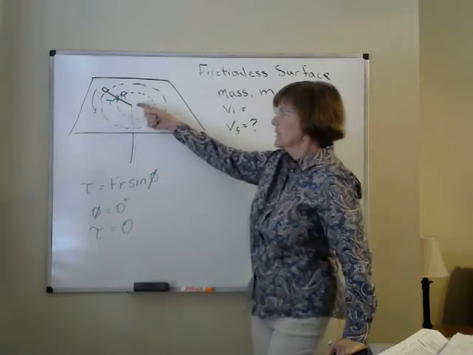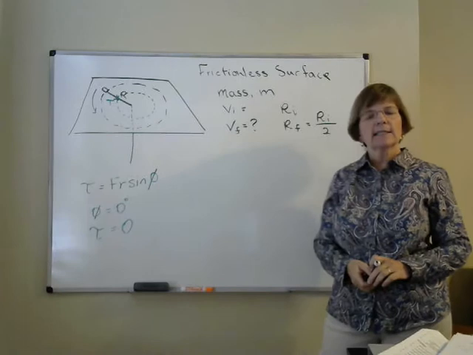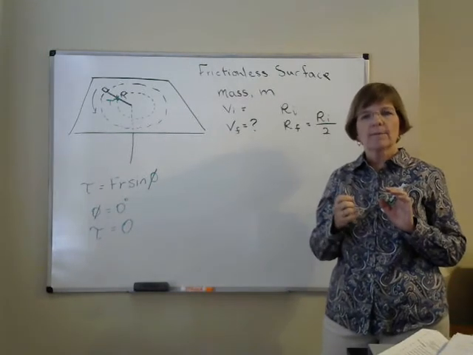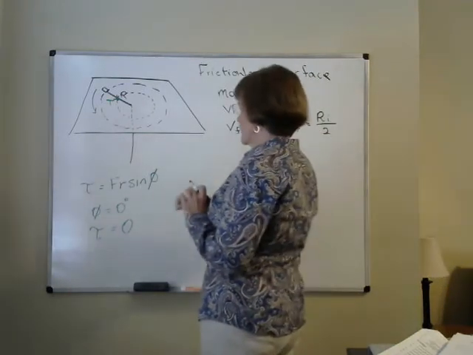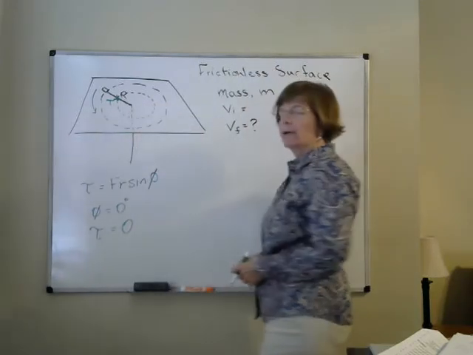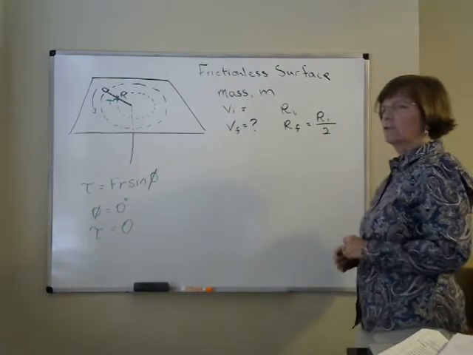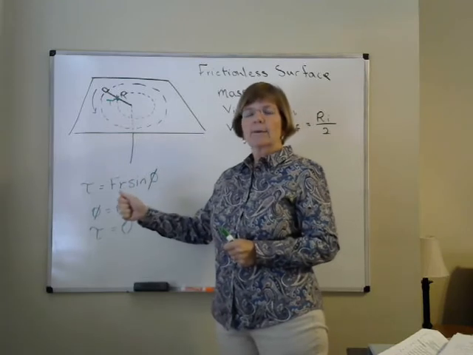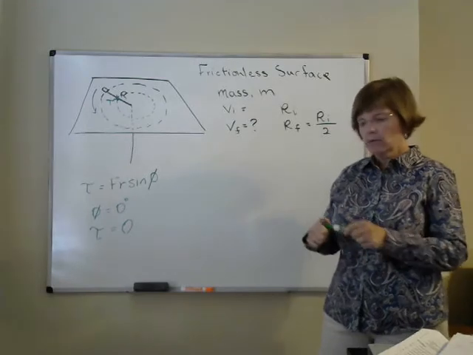But pulling on this string does not affect its tendency to rotate. All it's doing is shortening the lever arm. If I pull in the direction of the lever arm, I get no torque, okay? So even though I feel like that is an external force, it doesn't exert a torque, so I should have conservation of angular momentum.